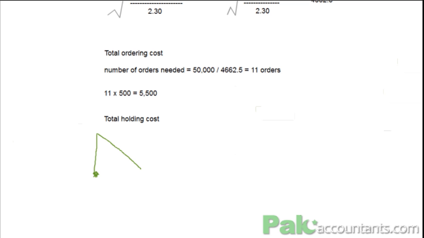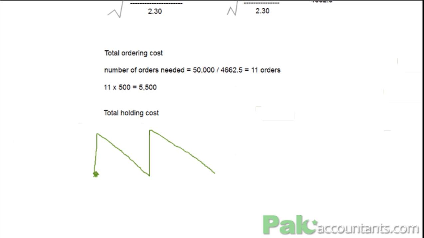Then again it will fall to zero, and you place an order and it will be filled up again with 4,662 units, and gradually fall to zero again. So on average you will be having how many units with you in a certain period? It will be quite an average number of units.